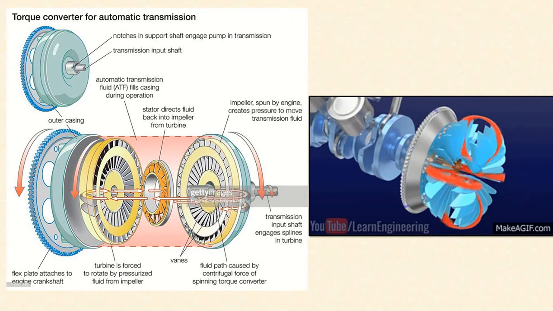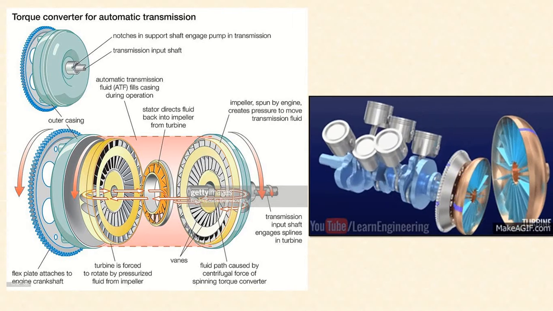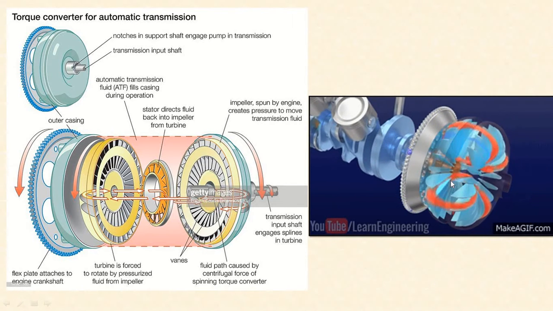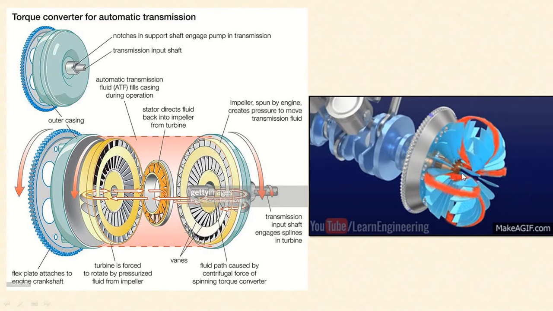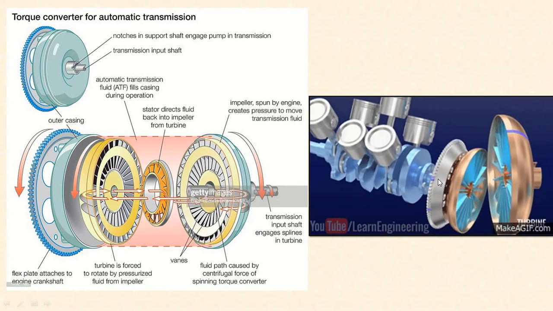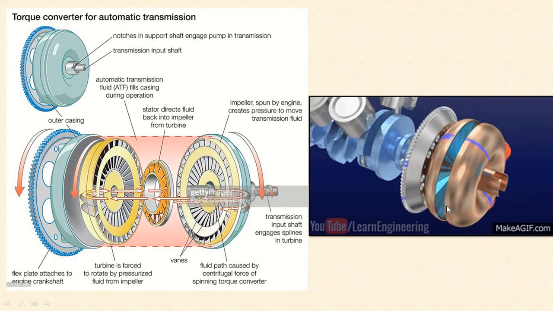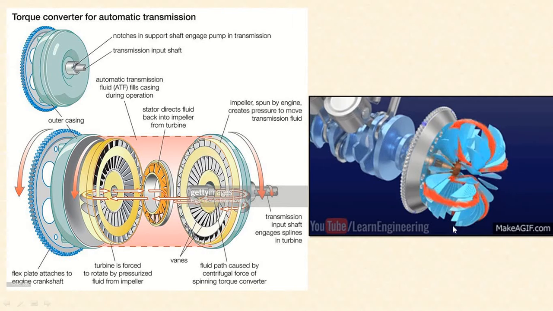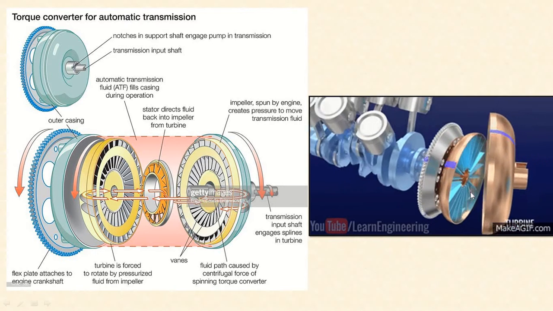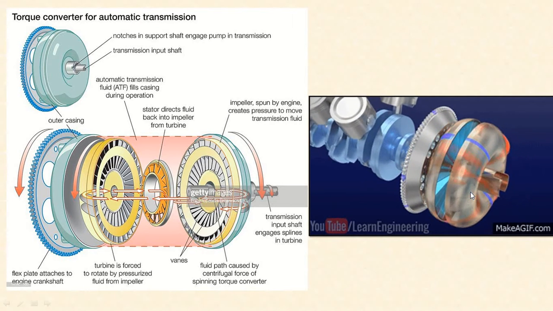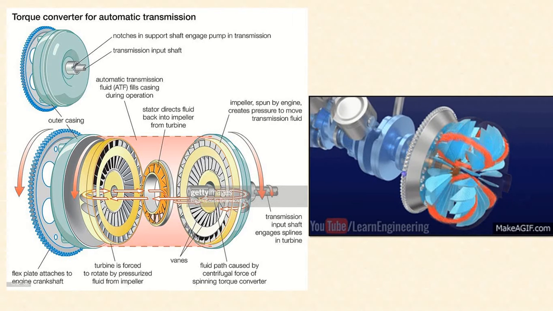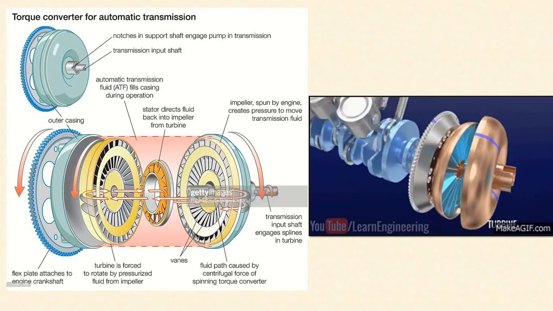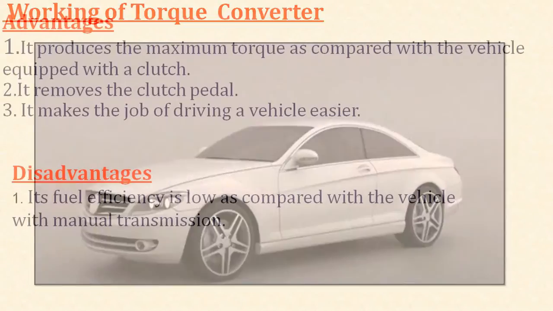Due to rotation, centrifugal force pushes the oil in the outward direction, as we can see in the animation, and this tends to form an air pocket near the center. Due to low pressure this is called cavitation, which we can avoid. Now we can see the working.